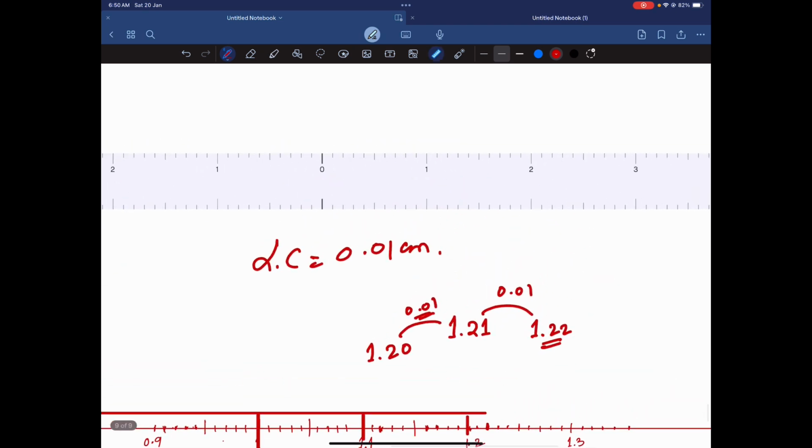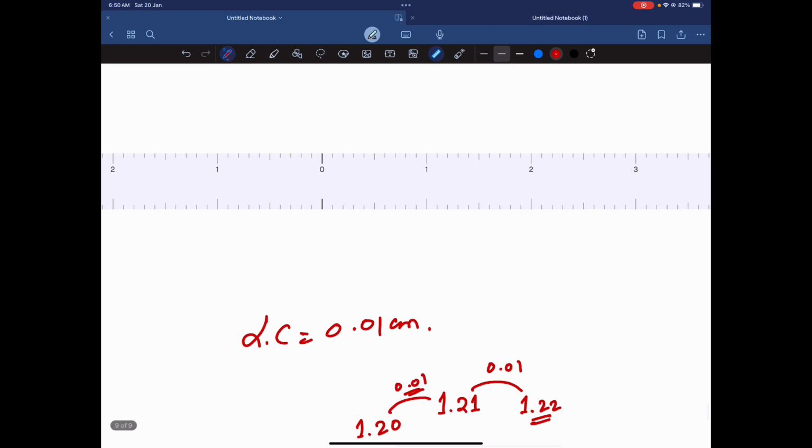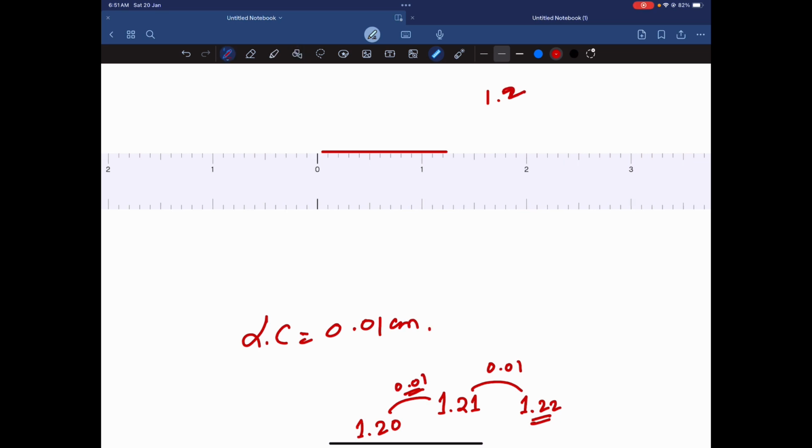The first case was like this. You did like this. Either you get 1.2, or if you made a mistake you got 1.3, or if you made a mistake like this you get 1.1.